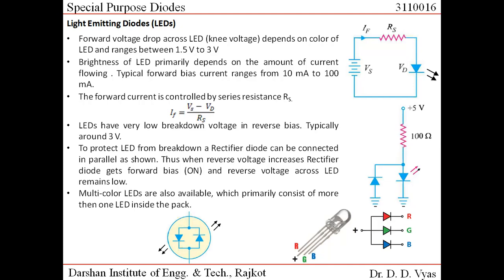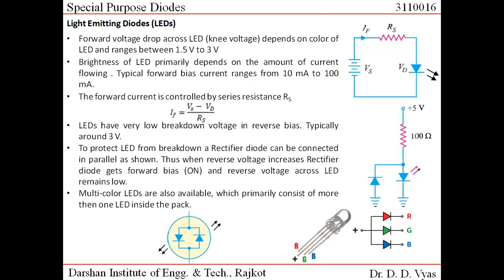One popular variety which is available in the market is called RGB LED. This single pack of LED primarily consists of three different types of LEDs: red, green, and blue. They have a common anode terminal where we are supposed to give positive voltage, and depending upon which LED has to be turned on, the cathode of that LED is connected to ground.